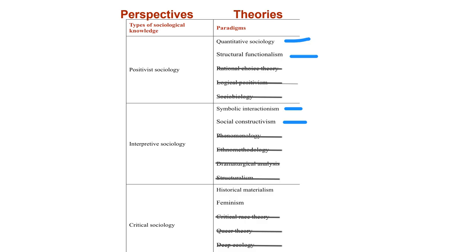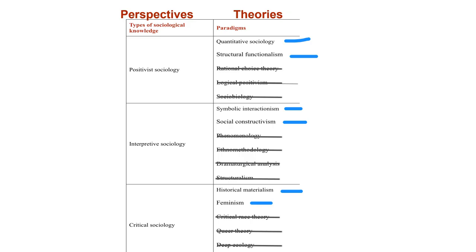And then finally, we have critical sociology. And here we'll look at a theory called historical materialism. Sometimes it's also called Marxism or conflict theory. And then feminism. Little talks about feminism.